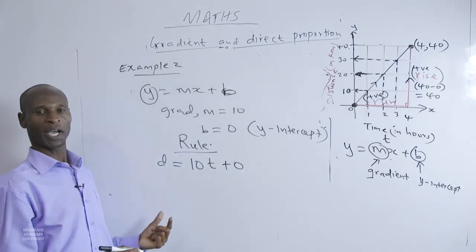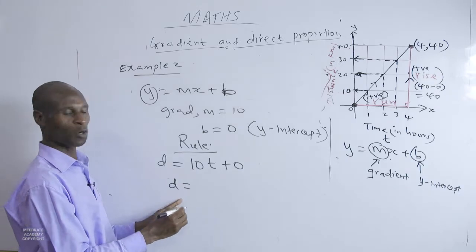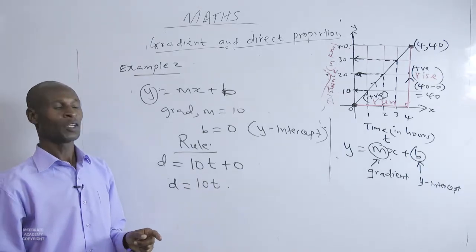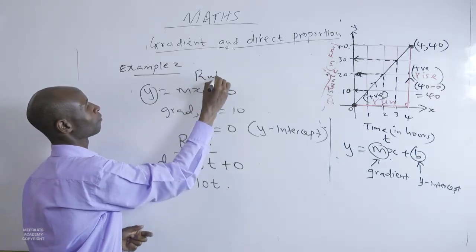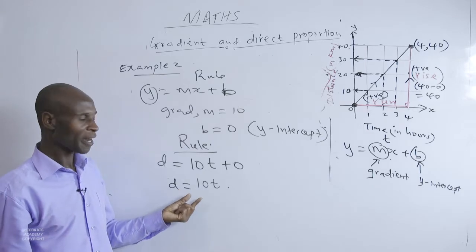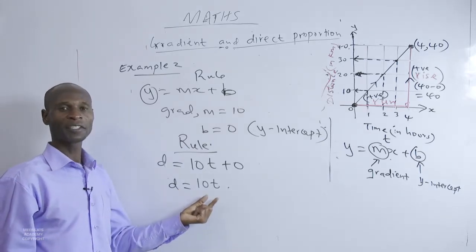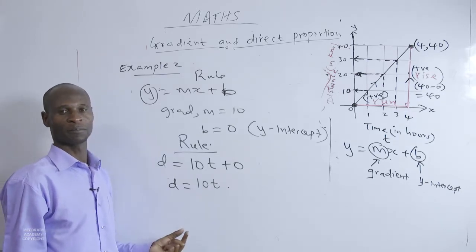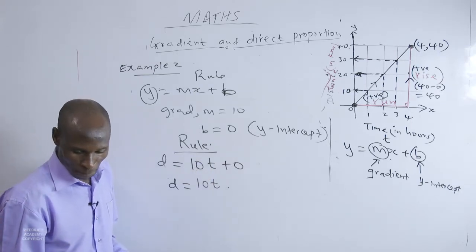So in this case, we can simplify and say d is equal to 10t. So this is the rule, the relation connecting d and t, distance and time, for that particular motion of a bike.